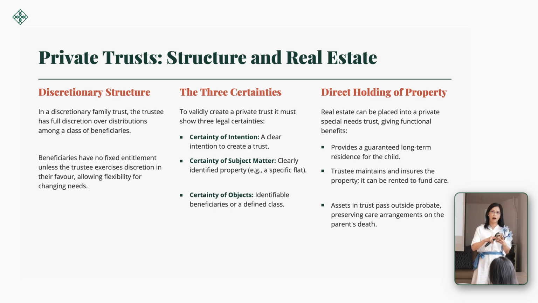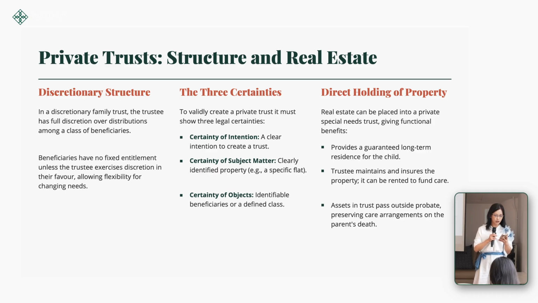The structure is commonly used as a discretionary family trust. So the trustee actually holds full discretion over distributions of income and capital among a defined class of beneficiaries. The beneficiaries themselves have no fixed entitlement.